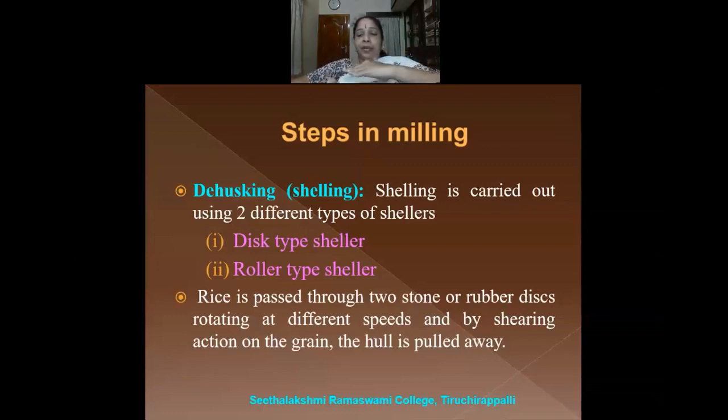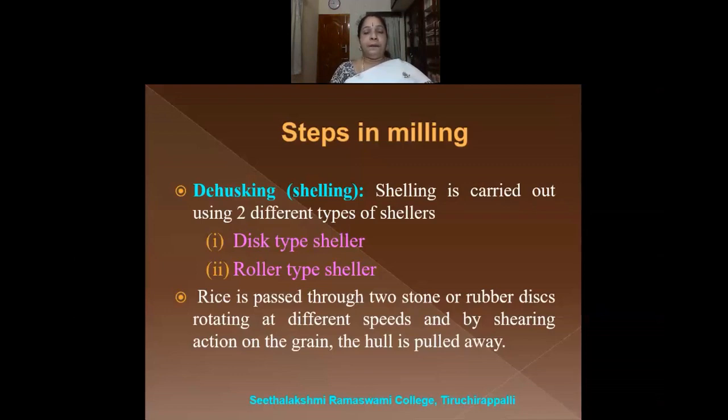The discs will rotate at different speeds, and by shearing action on the grain, the hull is pulled away. For example, if this is one disc and we have another disc here, they too are capable of rotating. While they rotate and the grains are in between these two, what will happen? The hulls will be removed.